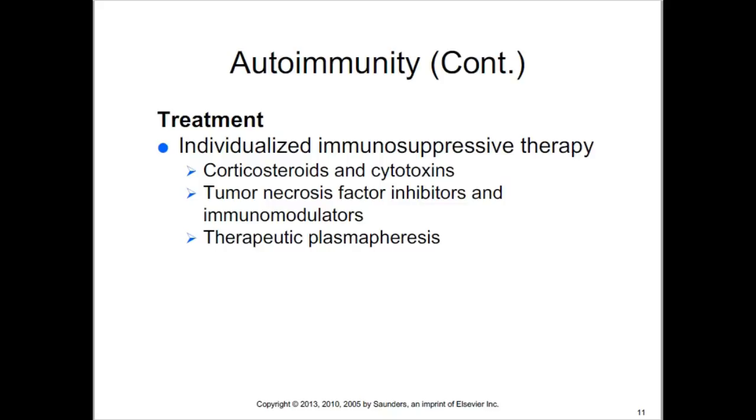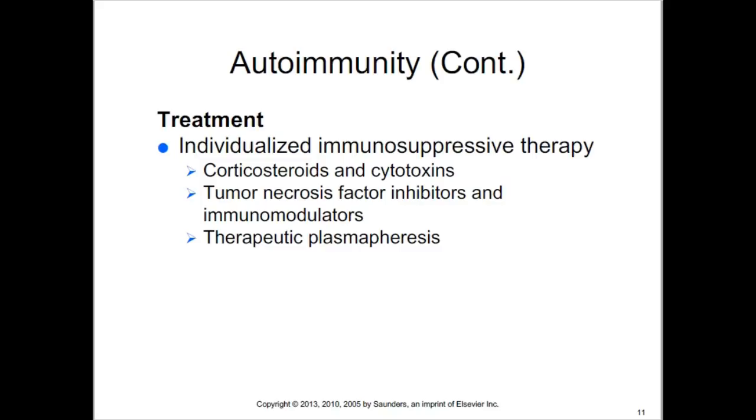I want you to look at some commercials for medications that you might come across. And I want you to start to realize things like medications that end in the letters MAB, M-A-B. It's a monoclonal antibody, right? AB stands for antibody.